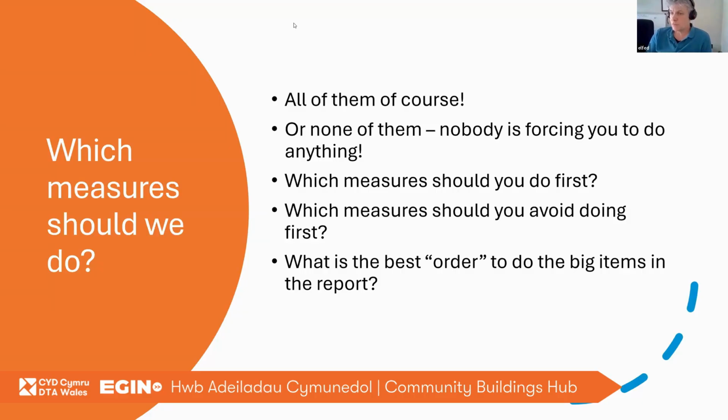There's also a question of what should you avoid doing first? This is a difficult thing to answer because it will be different for every building. But just to give you an illustration, if you've got a plan to insulate the walls, put new windows in, insulate the loft, change the heating system, okay?